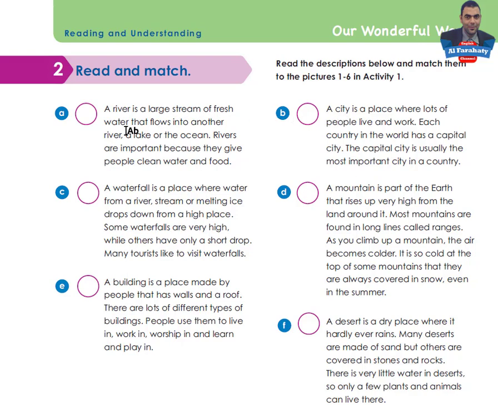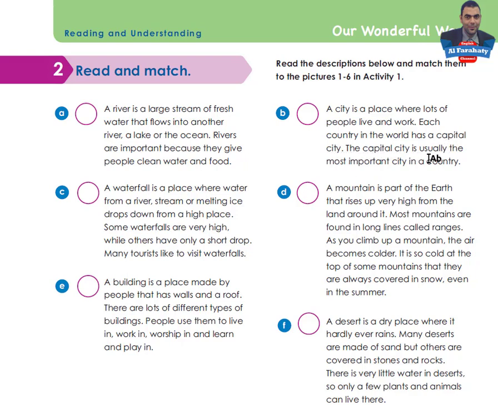Let's read. A. A river is a large stream of fresh water that flows into another river, a lake, or the ocean. Rivers are important because they give people clean water and food. B. A city is a place where lots of people live and work. Each country in the world has a capital city.